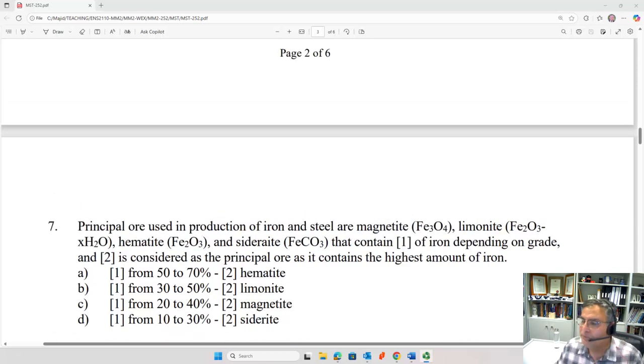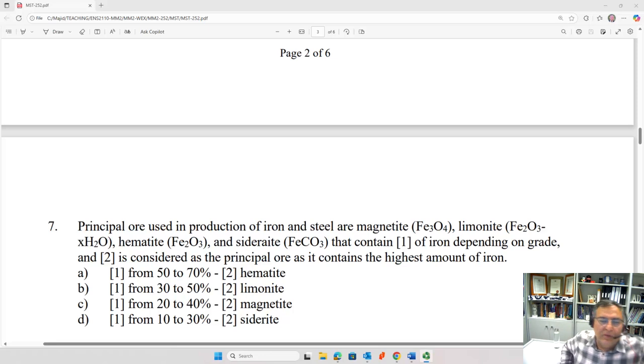Question 7. Principal ores used in the production of iron and steel are magnetite, limonite, hematite, and siderite that contain what percentage of iron? Of course, 50 to 70% of iron depending on grade, and something must be sitting in place of 2 is considered as the principal ore as it contains the highest amount of iron.